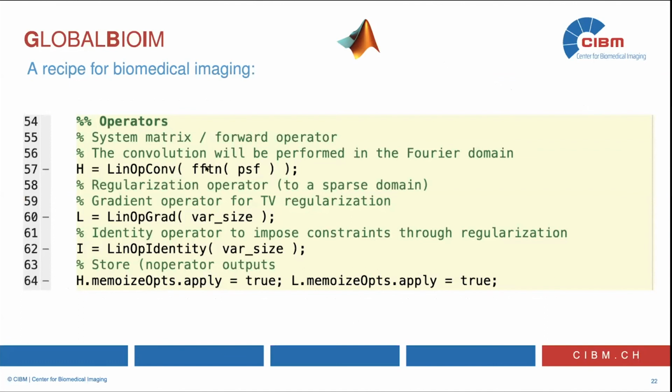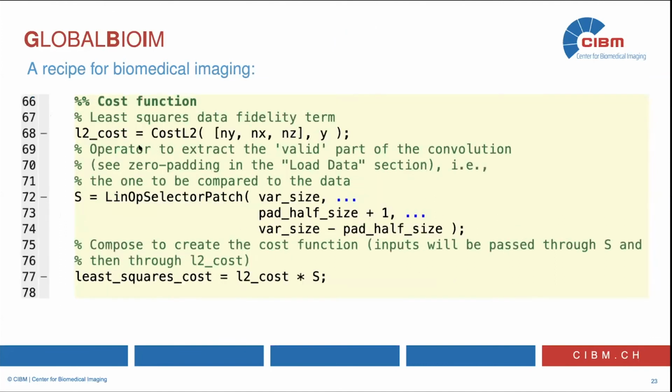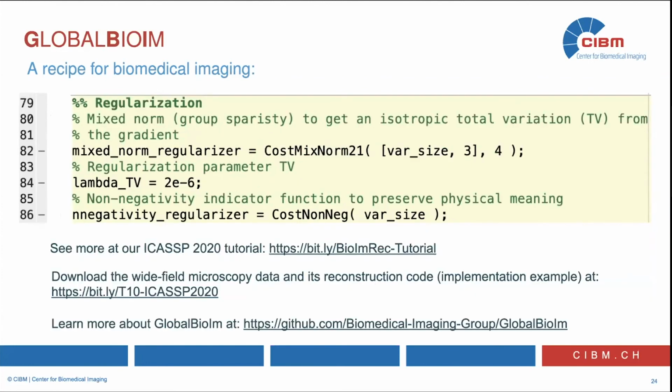You can see that you can write the notation simply as I've written in my slides. There's H, which is a convolution operator. There's L, which is the gradient in order to do TV regularization later, and so on. So how easy it is to define the cost function, how easy it is to define the regularizer, and so on. And actually, I just left out the bit in which you choose which optimization algorithm you're going to use to solve the problem.